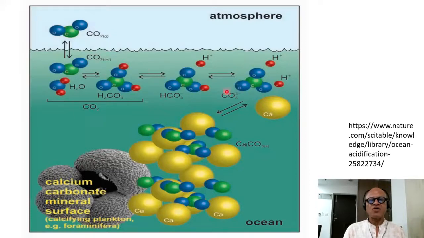it's the carbonate ion that gets consumed if the CO2 is dissolving at a faster rate than the equilibration time or the rates of these reactions.